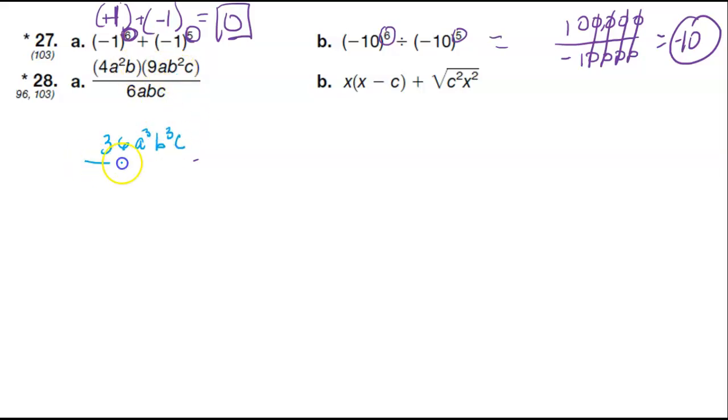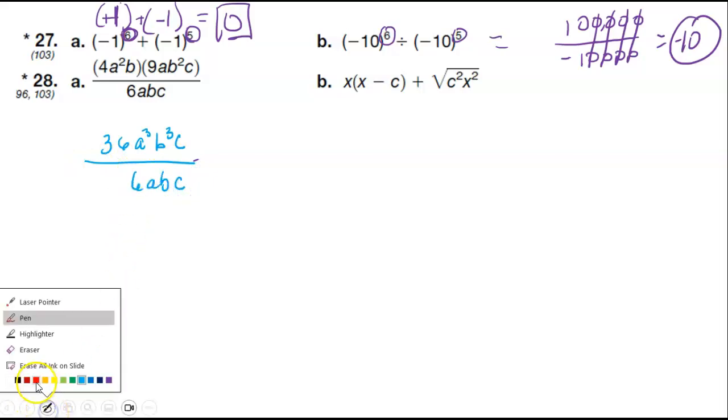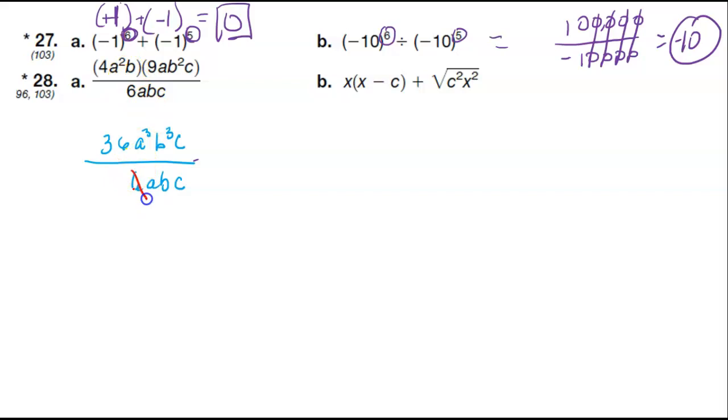And then I have C. All of that over 6ABC. Okay, let me grab another color and then I can cancel. So 6 goes into 36 6 times. I can take one of the A's. I can take one of the B's. And the C's can go away. So I end up with nothing on the bottom, 1. I have 6A squared, B squared.